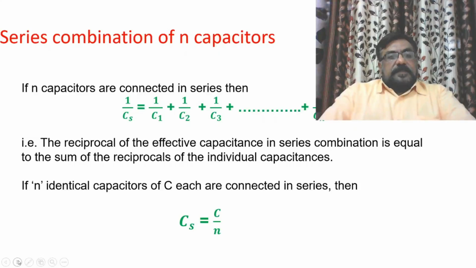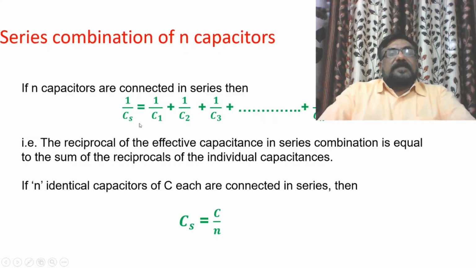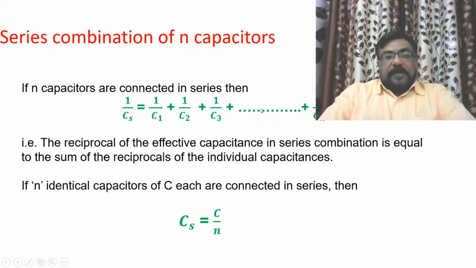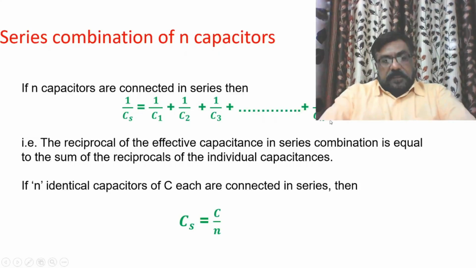Now we can discuss the series combination of n capacitors. So if n capacitors C1, C2, C3, etc. Cn are connected in series, the effective capacitance of the combination is given by 1 by Cs is equal to 1 by C1 plus 1 by C2 plus 1 by C3 plus etc. 1 by Cn.